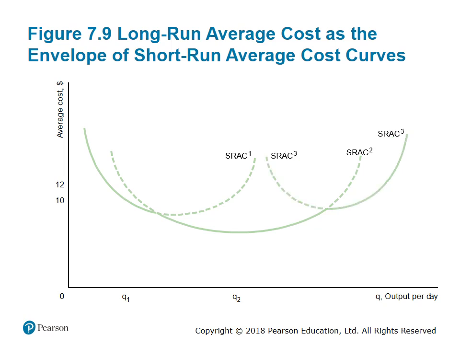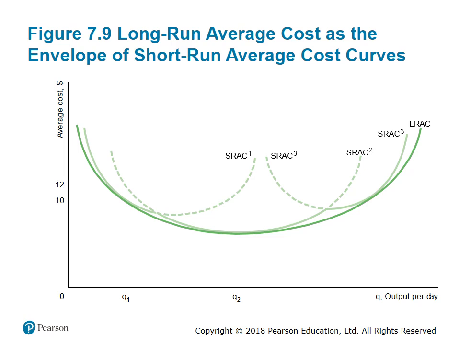And suppose that short-run average cost 3 reflects the large plant size that the firm can opt for if it wants to produce large amounts of output in the long run. The long-run average cost curve forms an envelope around the short-run average cost curves.